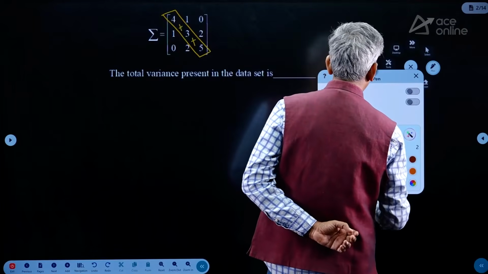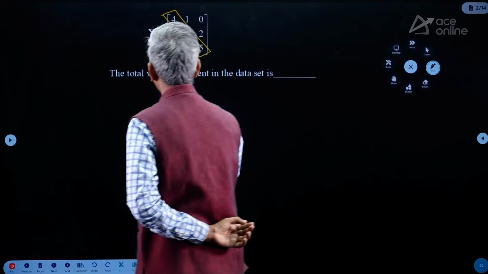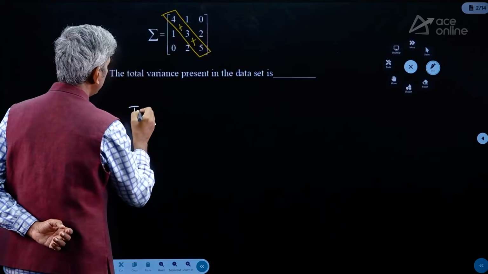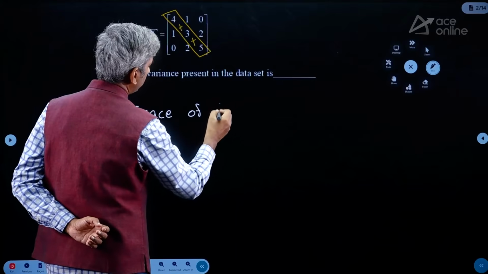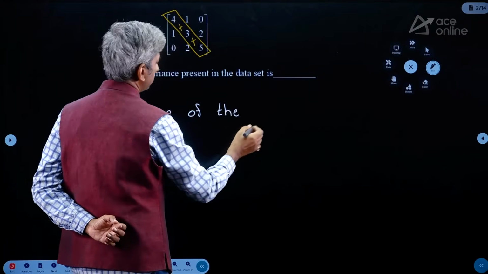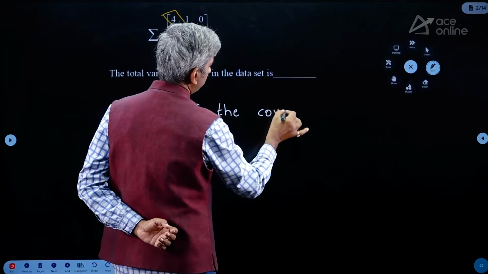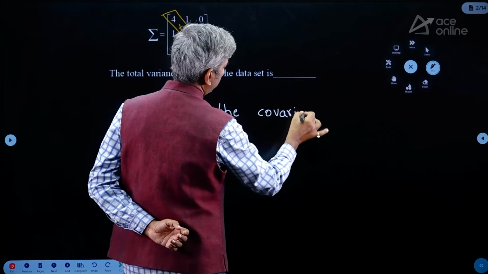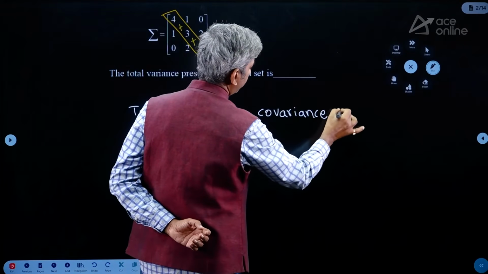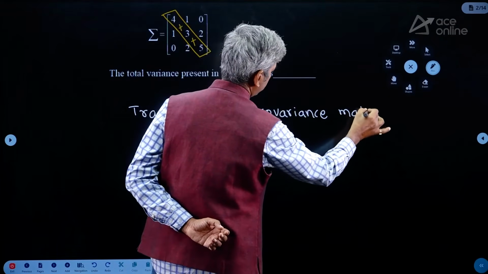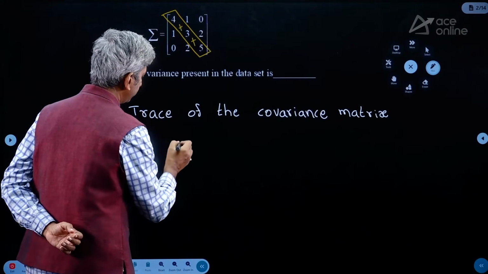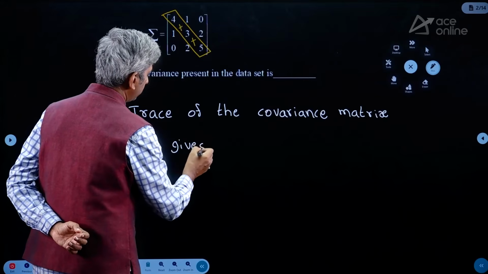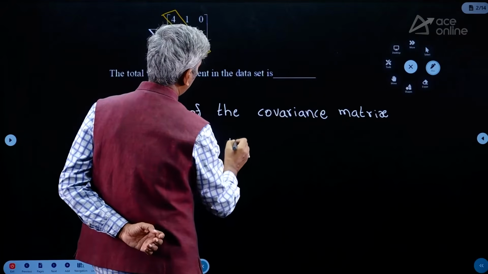The important point here is the trace of the covariance matrix gives the total variance.